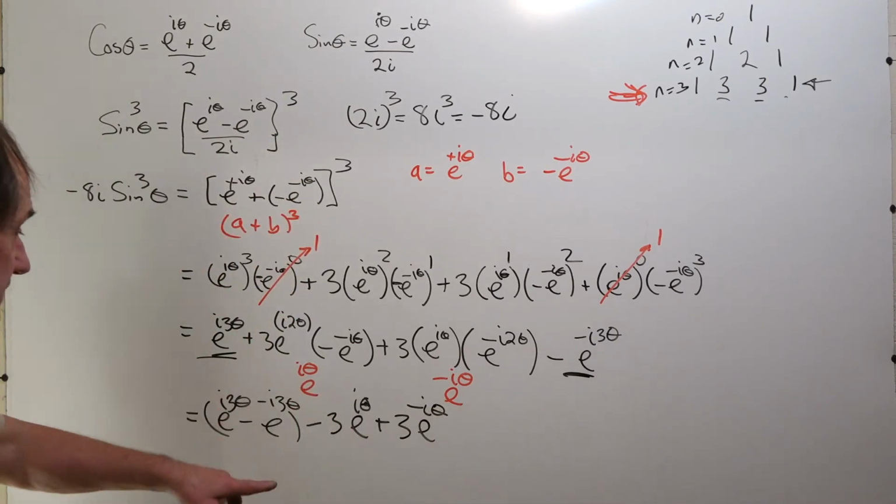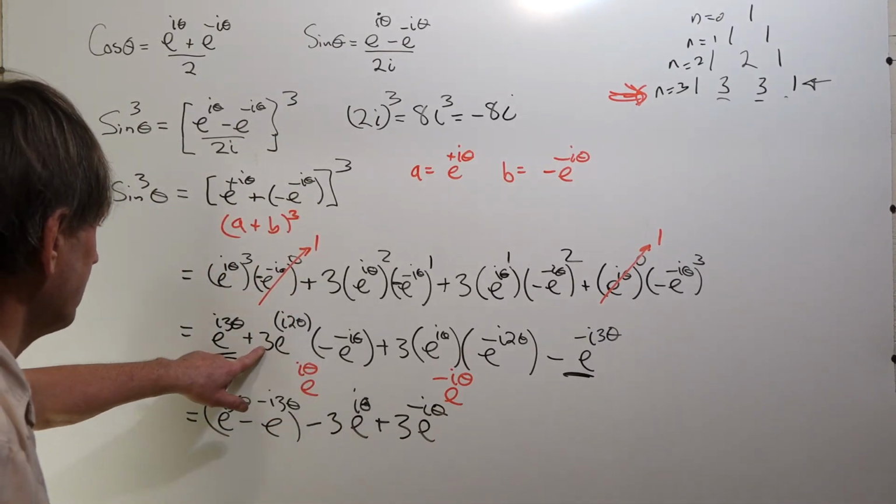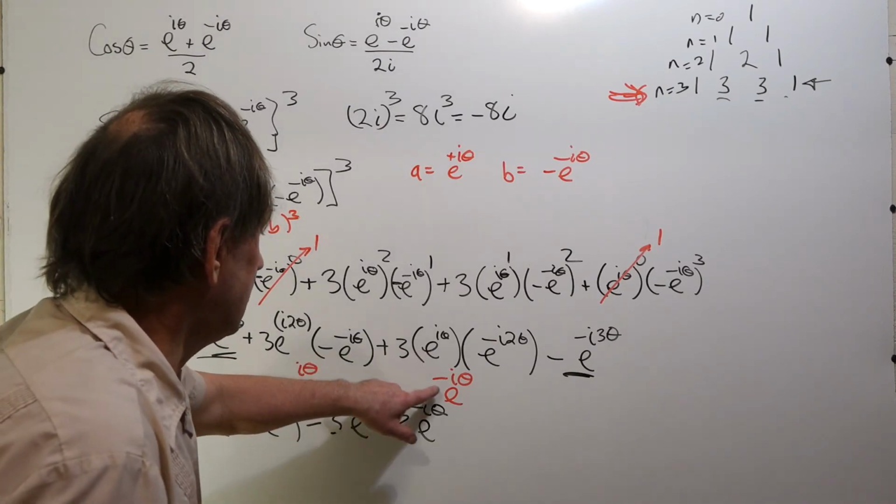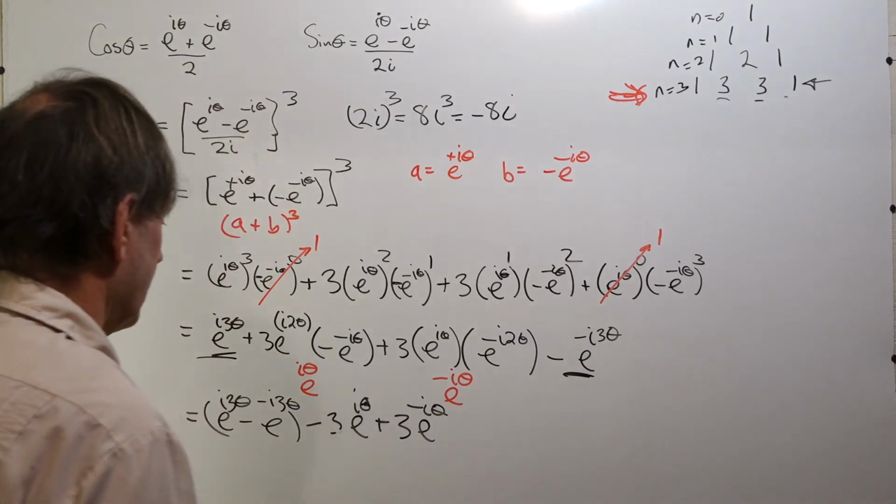So if we look at this, we have minus 3e to the i theta plus 3e to the minus i theta.